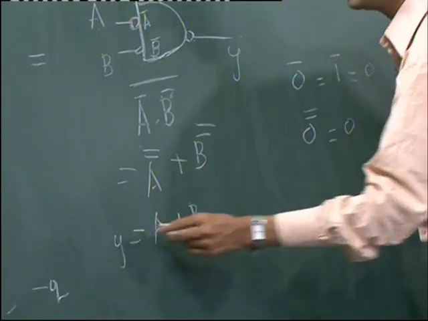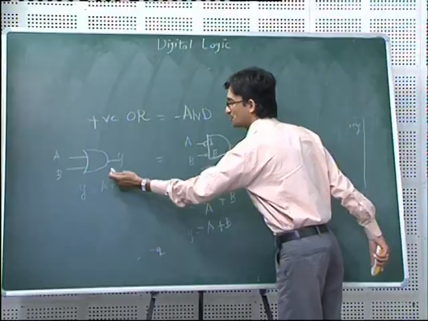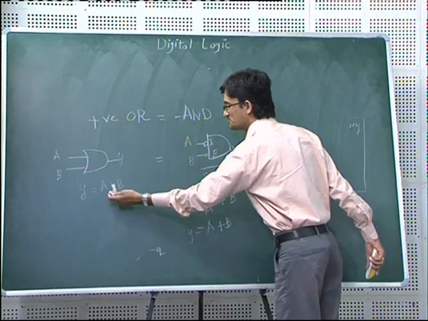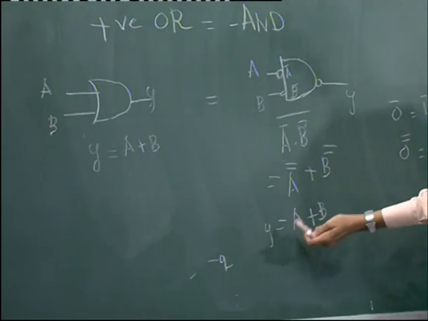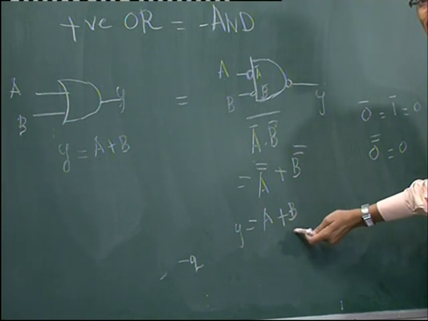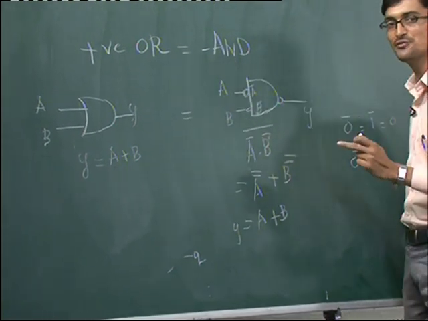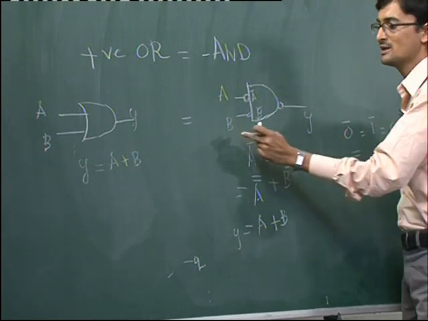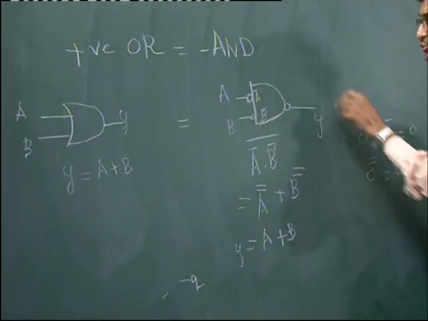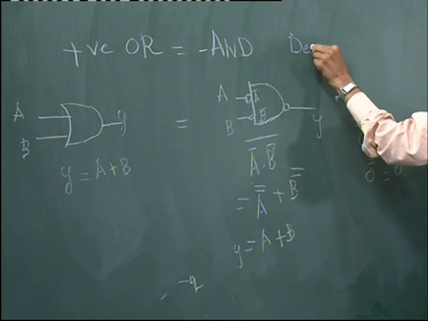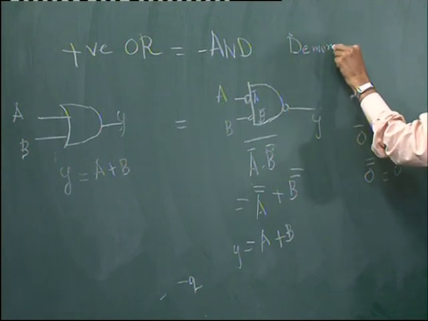Now see both outputs. For the positive OR, Y equal to A plus B, and for the negative AND, Y equal to A plus B. So positive OR equal to negative AND. You can justify all the other 3 statements like this, just by using De Morgan's theorems for simplification.